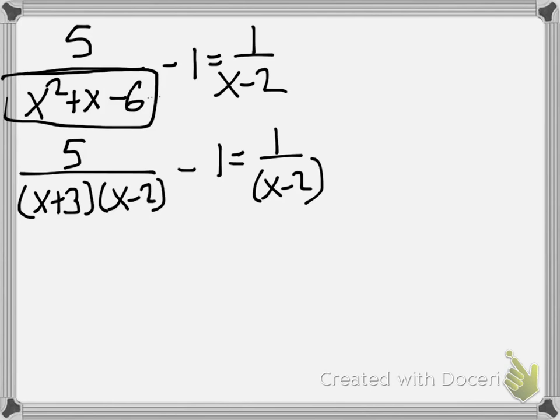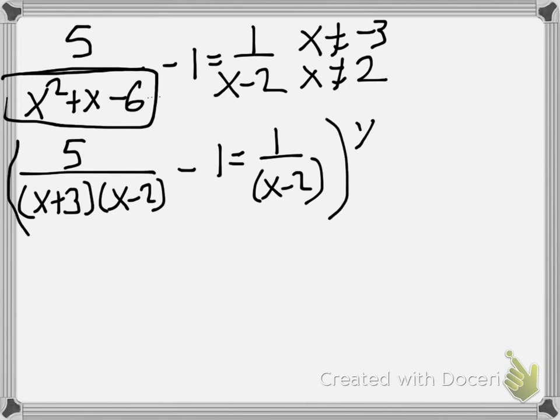Oh, look, I have the x minus 2 there. We know that x cannot equal negative 3 and x cannot equal 2. We know that. So, our least common multiple is going to be the x plus 3 times x minus 2. So we're going to multiply everything here by x plus 3 and x minus 2.